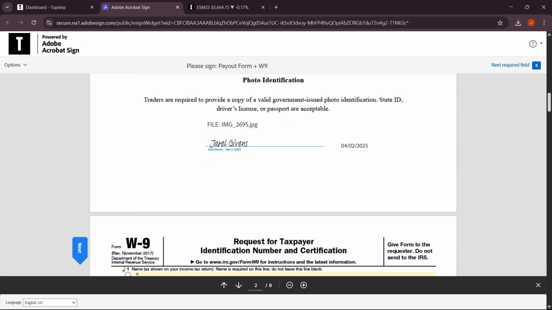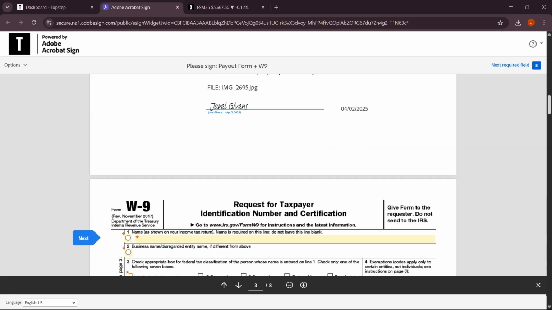Hopefully my ID is a good enough picture for them. I don't know how thorough they're going to be, because with other prop firms on the forex side, where I've been funded but never got a payout, every time I send my ID to verify, they always say there's an issue with it. So hopefully it's not the same with this.